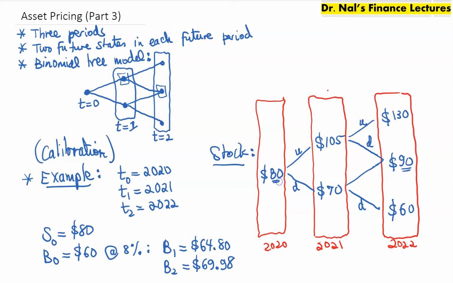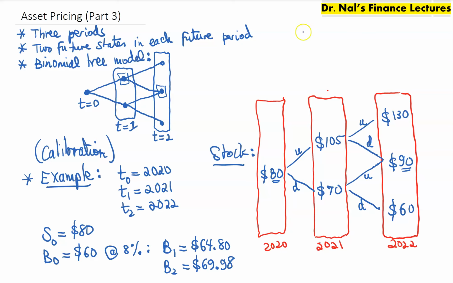Because it started at 80. After an up, down, it is 90. Versus a down and up, again, is a good thing for the stock. So as long as you don't have 2 downs in a row, the stock price will go up in value. But the one which goes the most up is if you have 2 ups in a row, right? So we will end up with one of 4 paths.